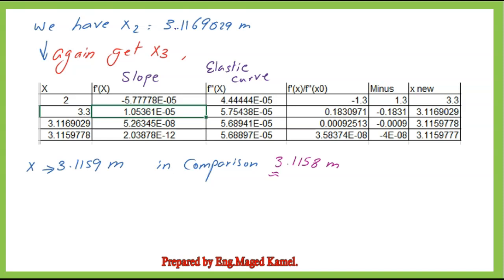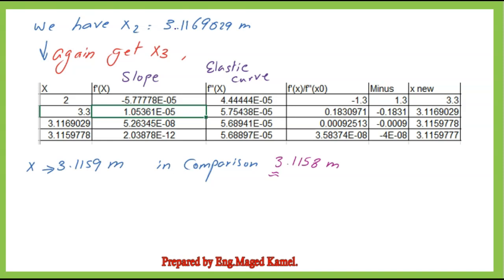When we have x equal to 2, we have f dash x over f double dash of x naught is minus 1.3. We multiply by minus, so we get 1.3 added to 2 will be equal to 3.3 meter. Then we put this value here as the value of x. We get the f dash of x and f double dash of x.